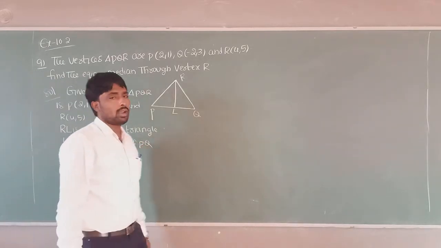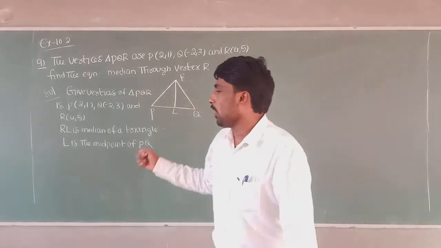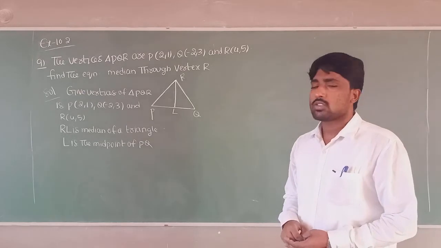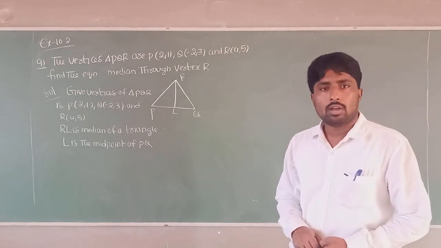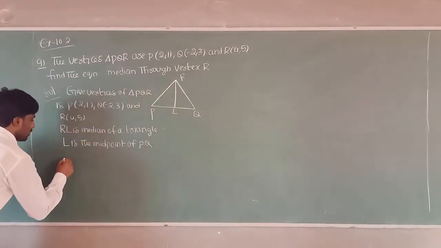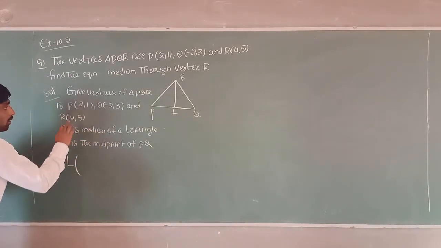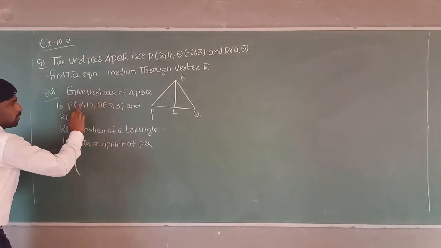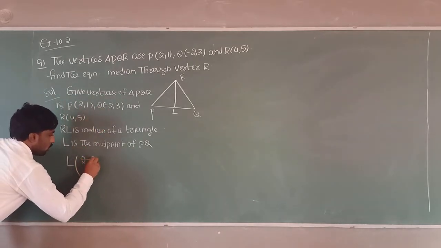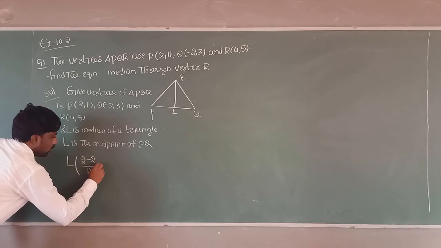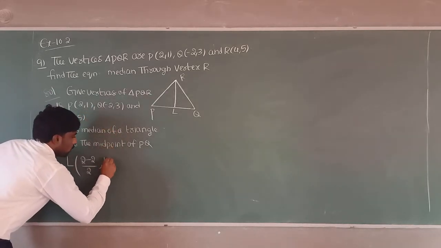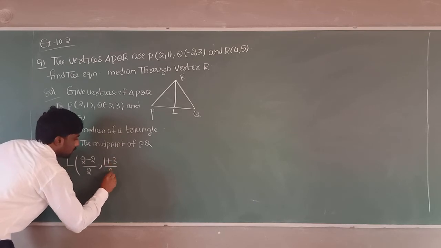If the midpoint of the line segment joining x1, y1 and x2, y2, the formula is x1 plus x2 by 2, y1 plus y2 by 2. So L is 2 minus 2 by 2 comma 1 plus 3 by 2.